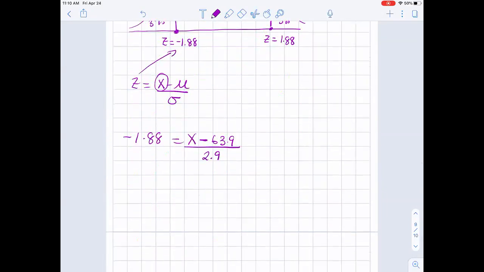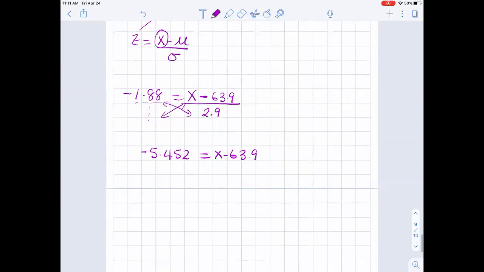If we cross multiply, this is like over 1. We have negative 1.88 times 2.9. This becomes negative 5.452 is equal to x minus 63.7.